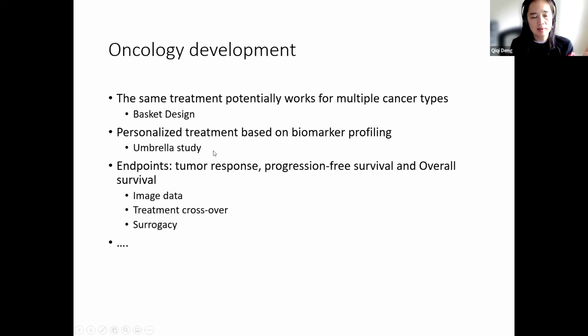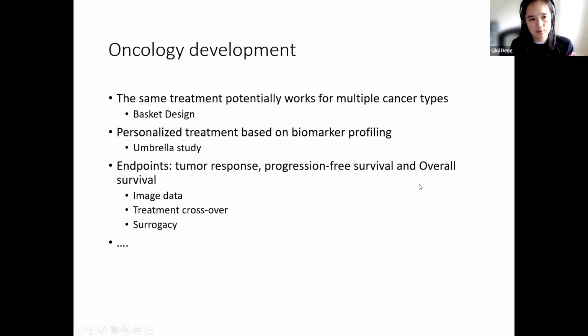And in some of the studies, you can bring in different treatment options. And then based on the screening results from a subject, you can find out which treatment they're going to receive. And that's called umbrella design. And then in terms of the oncology endpoints, there are tumor response endpoints based on image data.